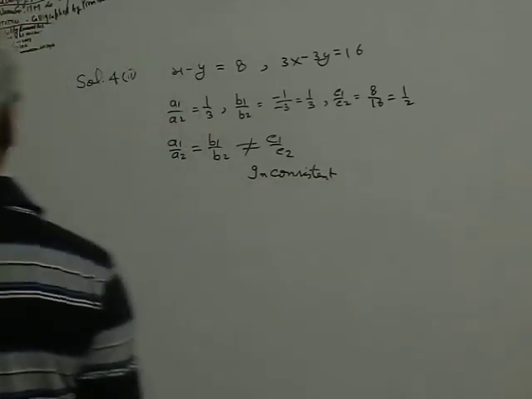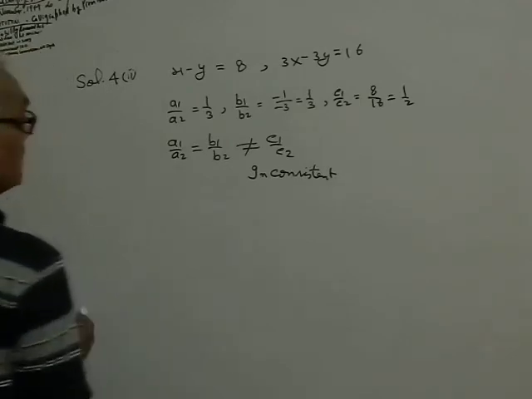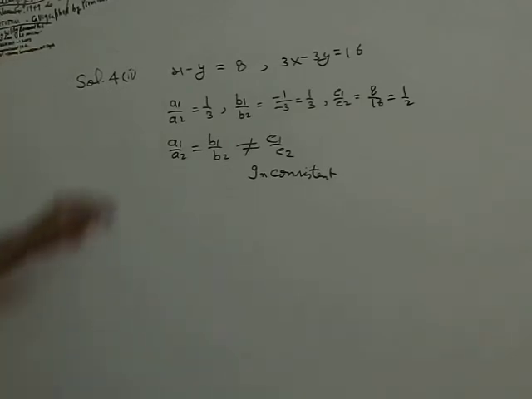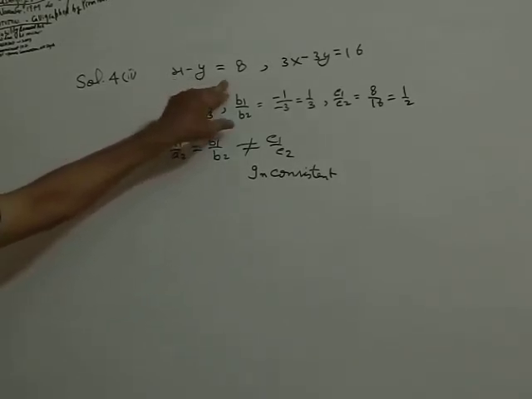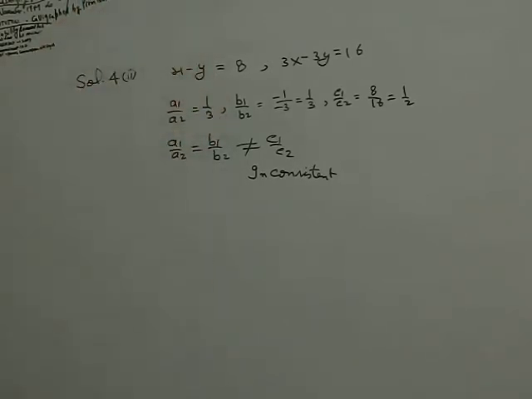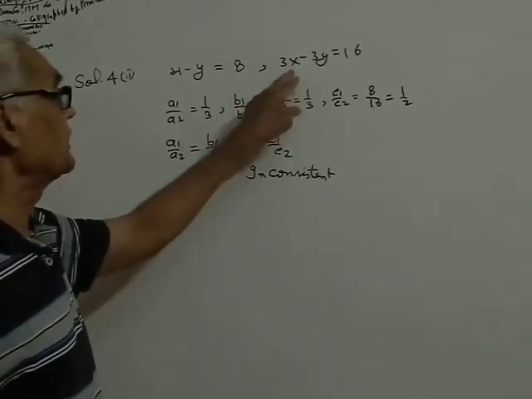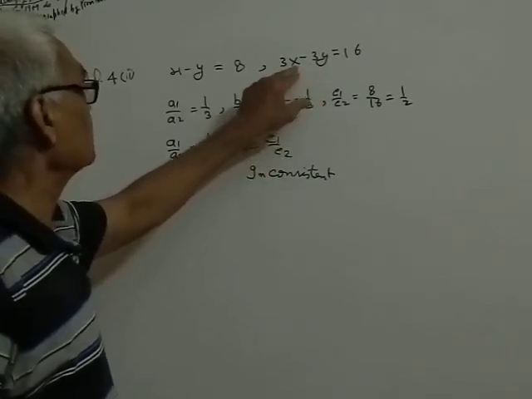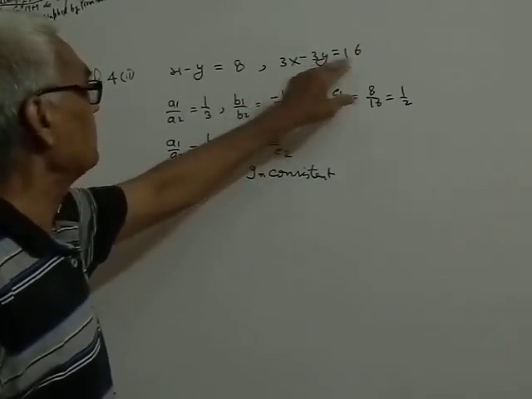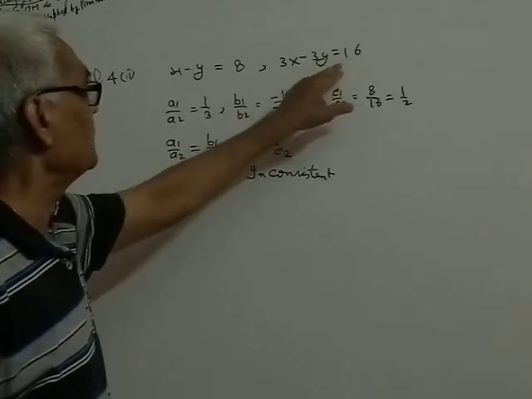Okay, now for the graphical solution, you get the value of y for different values of x for the first equation, and plot these on the graph sheet, you will get a straight line. Again for the second equation, you get the relation 3y is equal to 3x minus 16.